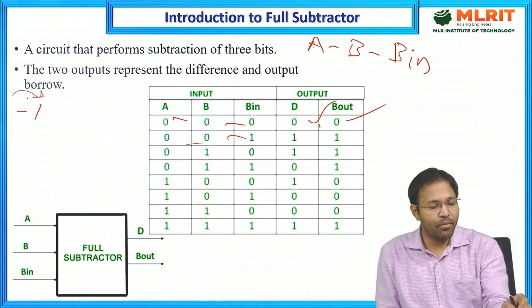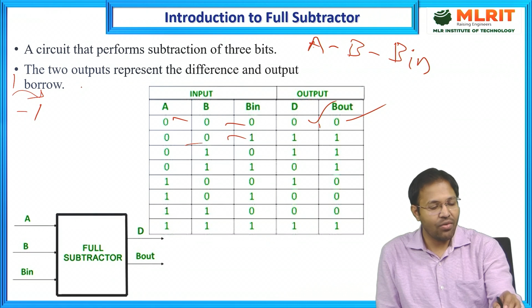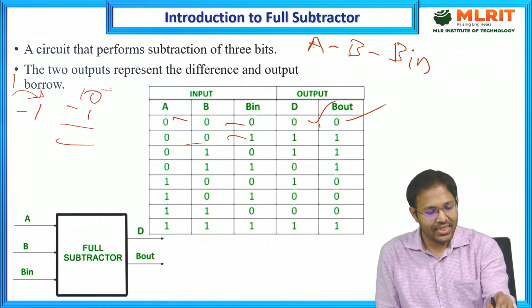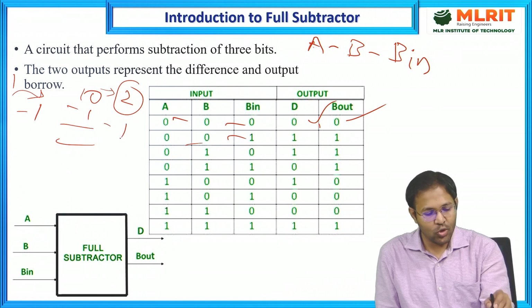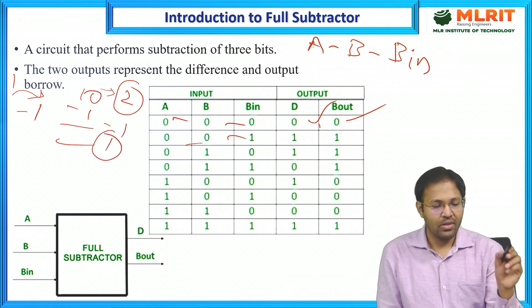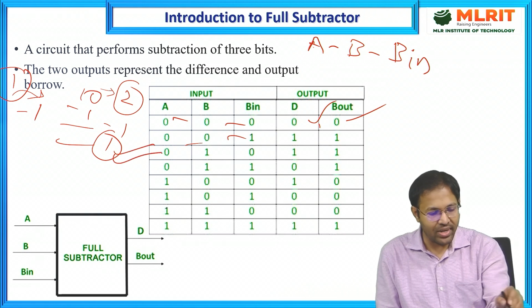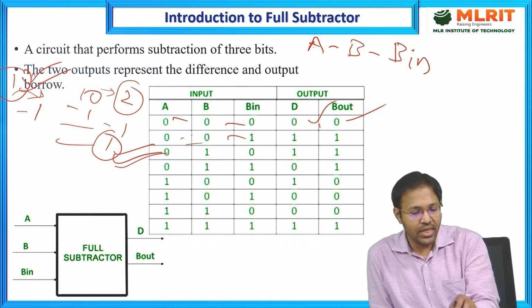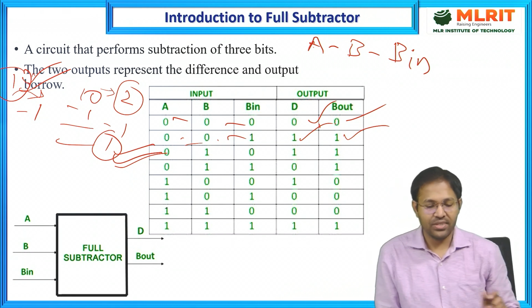If you take a borrow 1, then we have 1 0 minus 1. 1 0 is 2 in decimal form, minus 1. 2 minus 1 gives us 1. So, if we take a borrow 1, we get a difference 1. So, for 0, 0, 1, we get borrow 1, difference 1.